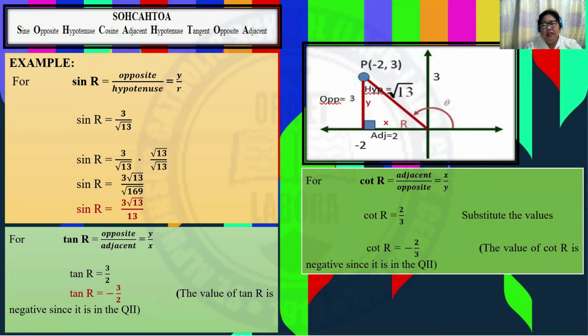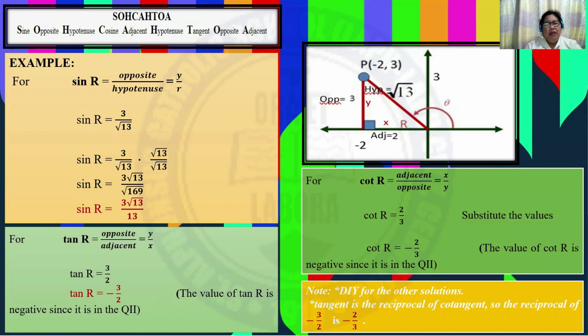Again, this is in the second quadrant, so cotangent is negative. So cotangent R is equal to negative 2 over 3. For the other solutions, you do it yourself. Again, tangent is the reciprocal of cotangent, so the reciprocal of negative 3 over 2 is negative 2 over 3.